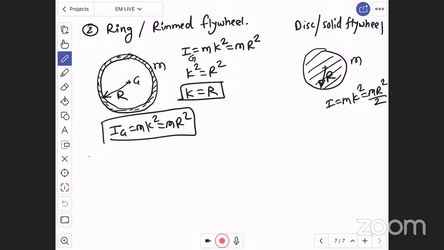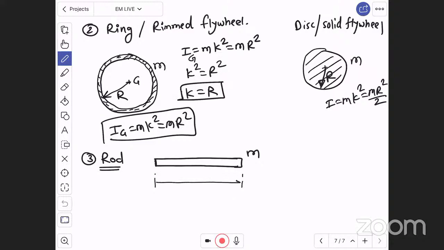Again, third is rod. Let us say you have one rod like this of length L and mass M. Let us say mass of rod is M and length of rod is capital L. Now, where the total mass will act?